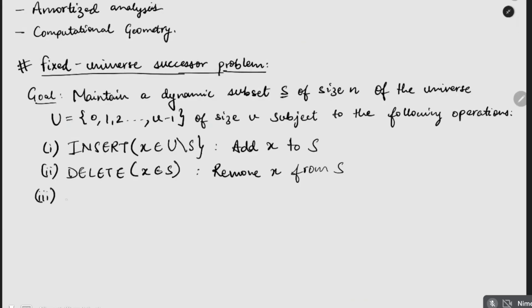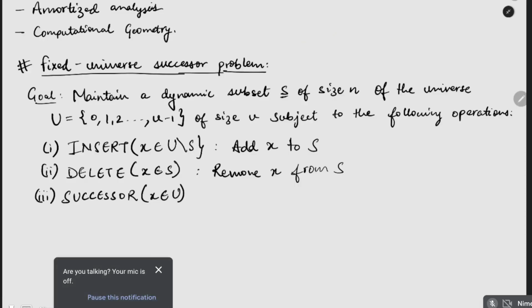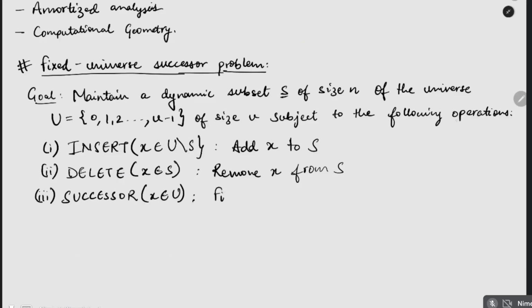The third operation is to get the successor of an element X in the universe set. And what is the definition of this operation?